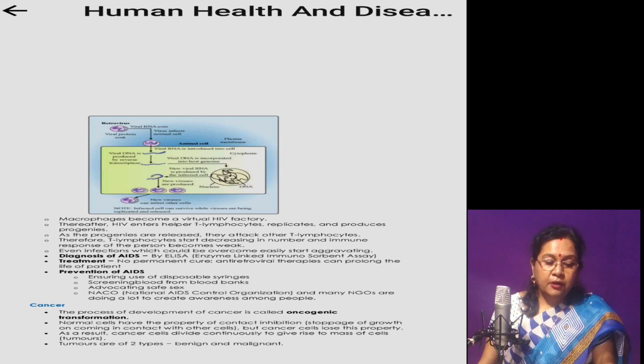Viral DNA now gets incorporated in the host cell DNA and directs the infected cell to produce new viruses. The macrophages continue to produce new viruses like an HIV factory.